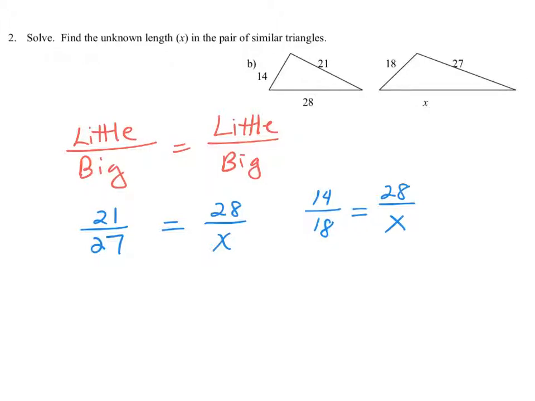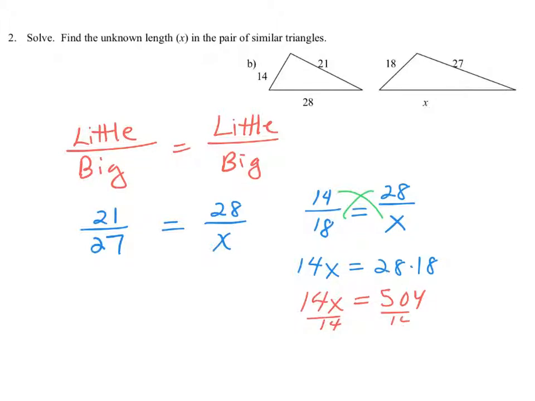So if we use cross multiplication for this proportion, we see that 14 times x is equal to 28 times 18. And 14 times x is equal to 504. And then by dividing both sides by 14, we get x is equal to 36. So the length of the missing side of the larger similar triangle is 36.